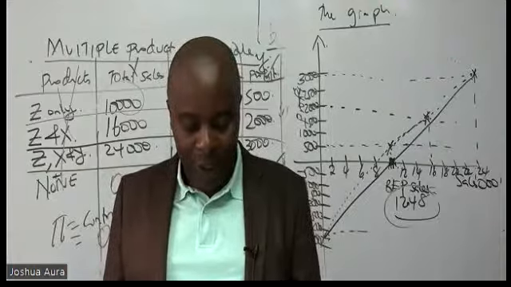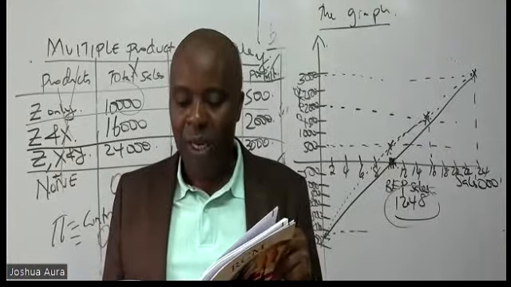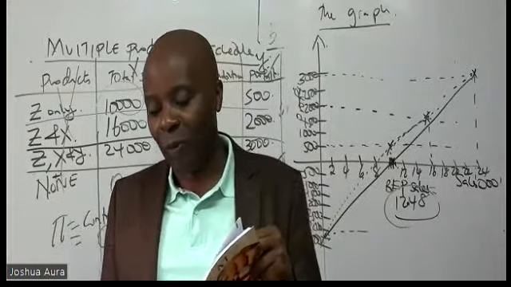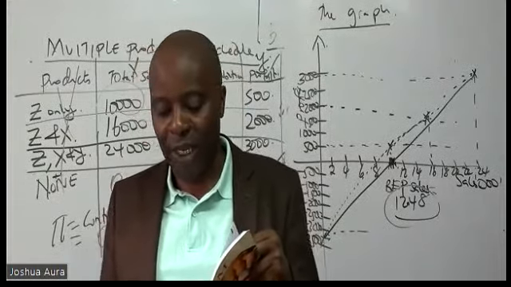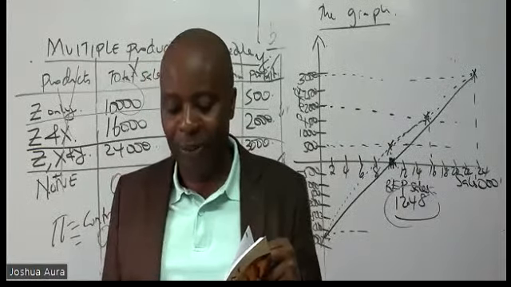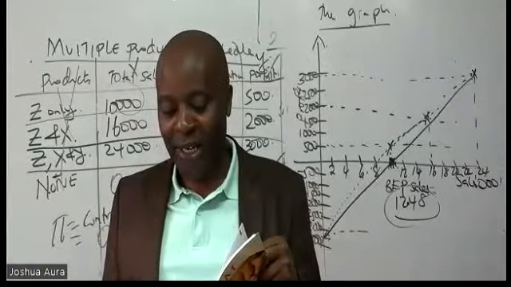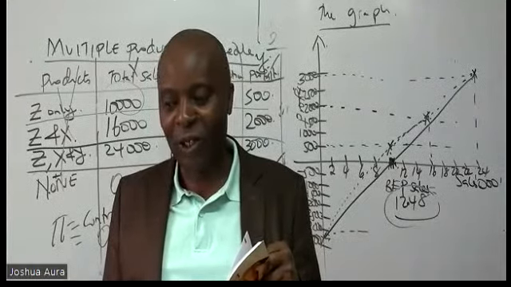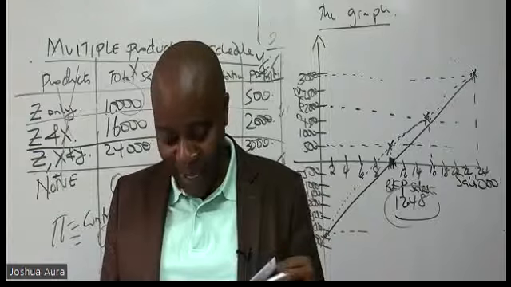So you have product A, product B, total given. Additional information: the selling price per unit of product A and B is 5 and 10 respectively. The variable cost per unit of A and B is 4 and 3. Draw a multiple product CVP chart and estimate the break-even point in shillings. Page number 58.